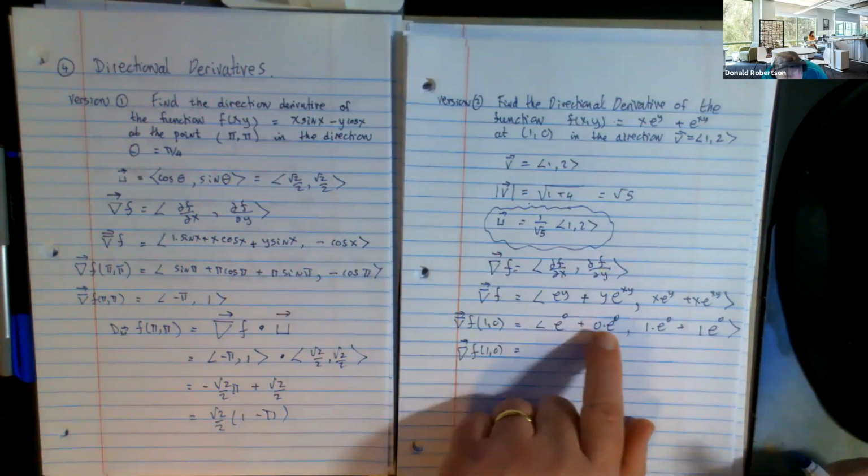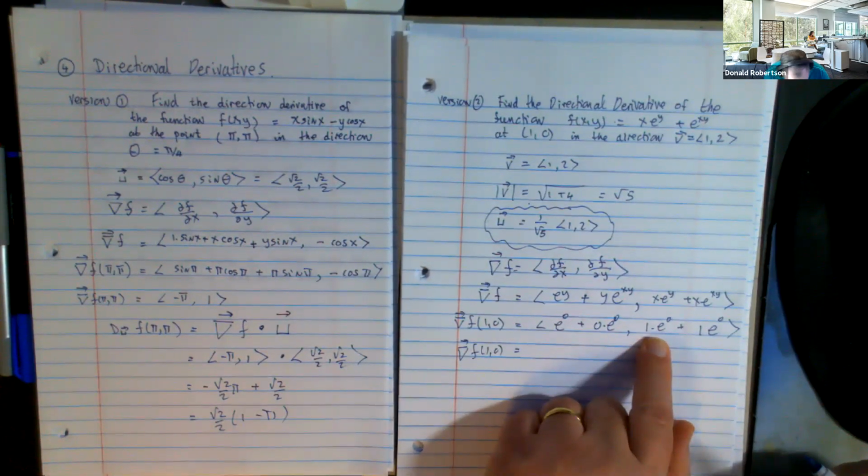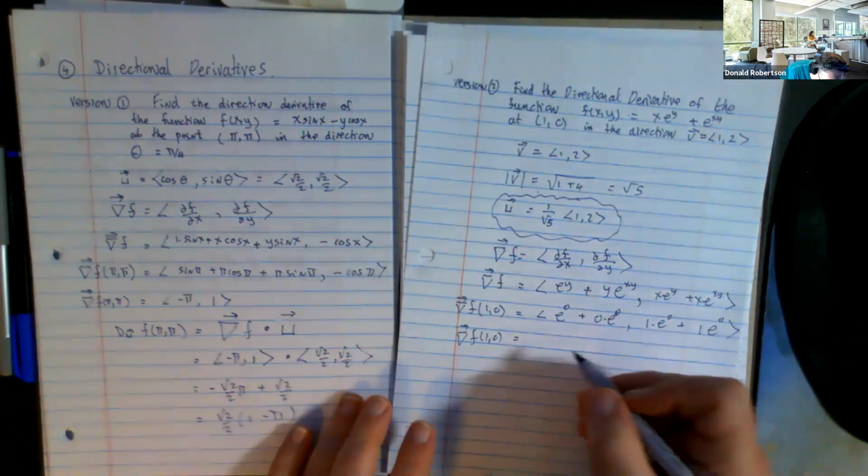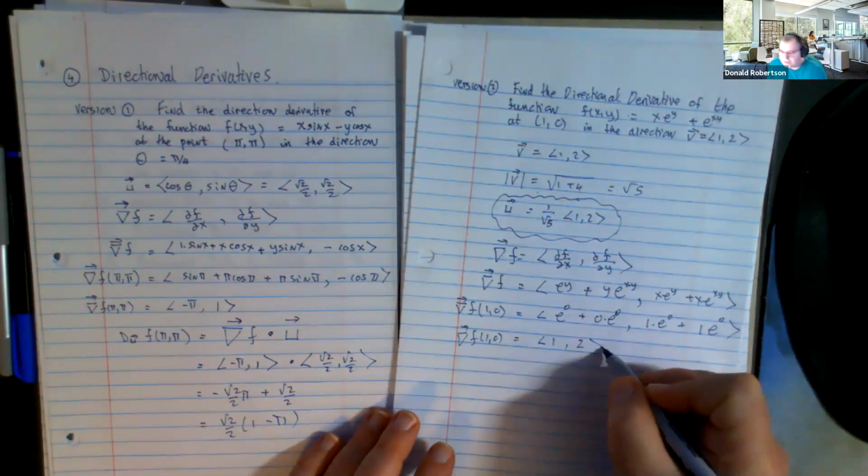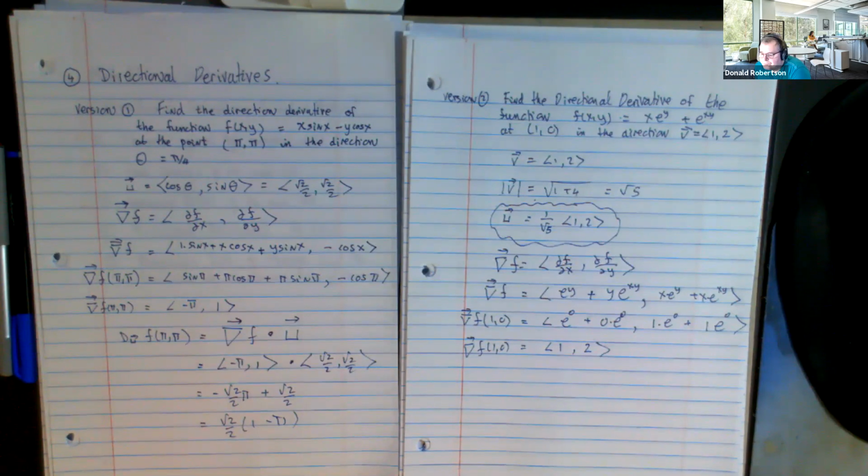And this guy is 1, and this guy is nothing, and this guy is 1, and this guy is 1. So it looks like the answer ends up being actually quite a nice answer. 1, 2. Now, you know I can't count, so if something is wrong, this is your time to tell me. If it looks good, then I'm going to keep going.